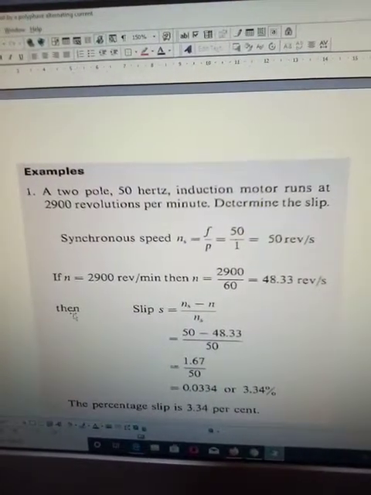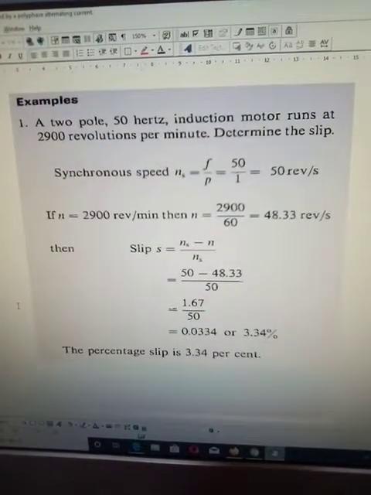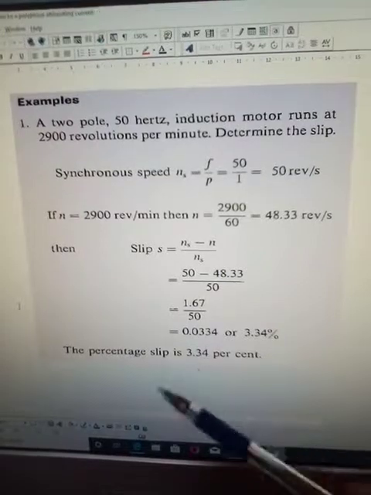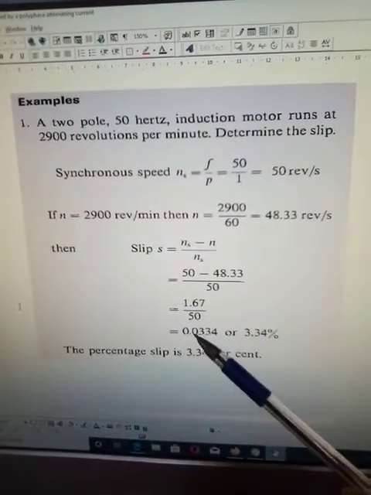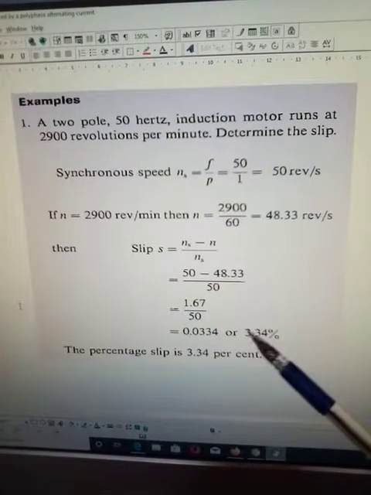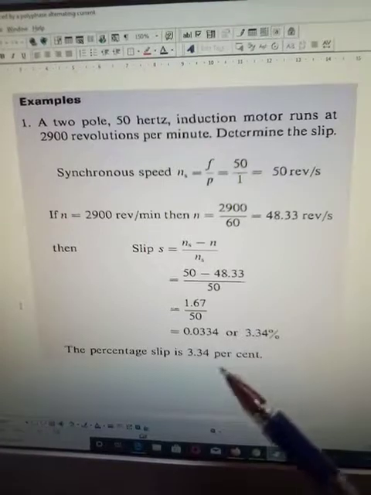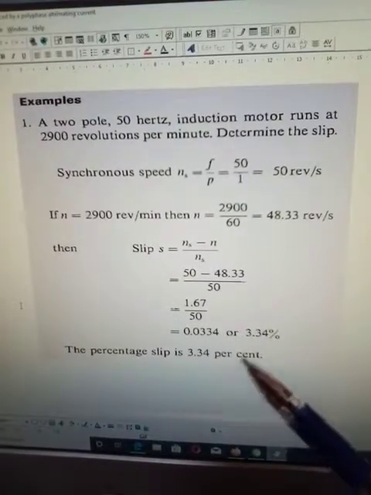Okay? Let me just take it up a bit more so you can see it in full. Now here's your percentage. Times that by 100, and it will then give 3.34 percent slip. And that is just the slip of the motor. That's something that has to happen in order for the motor to work proficiently.